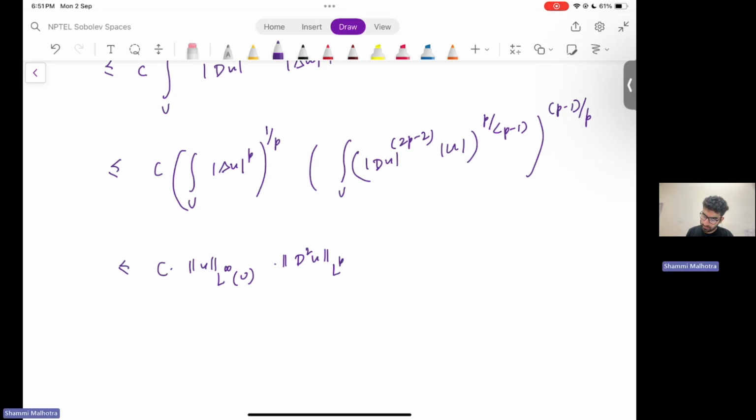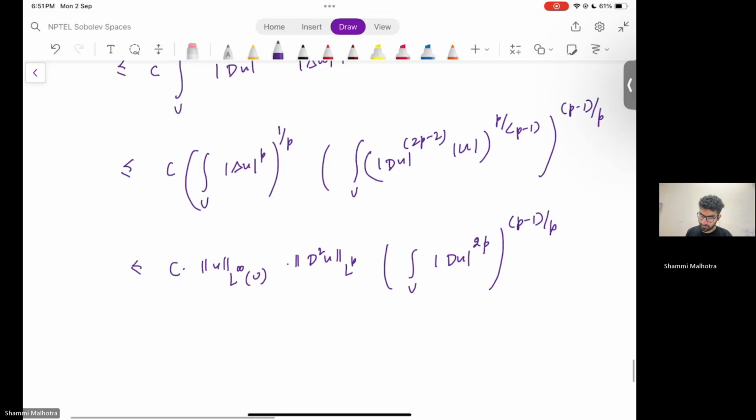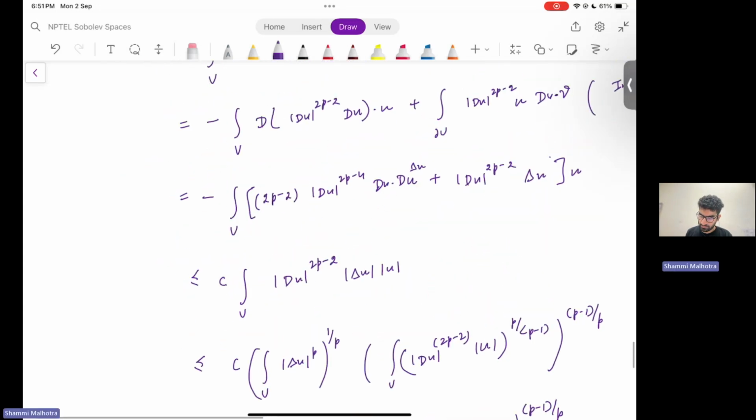And finally, this last integral is nothing but the integration of mod Du to the power of 2p, whole to the power of p minus 1 divided by p. And thus, on the left hand side, we have this.